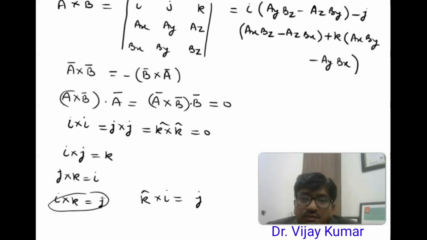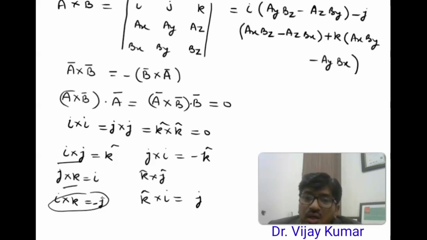If we write i cross k, then it should be minus j. If we write j cross i in place of i cross j, it should be minus k. If we write k cross j in place of j cross k, it should be minus i. So these are the cross products of the unit vectors.